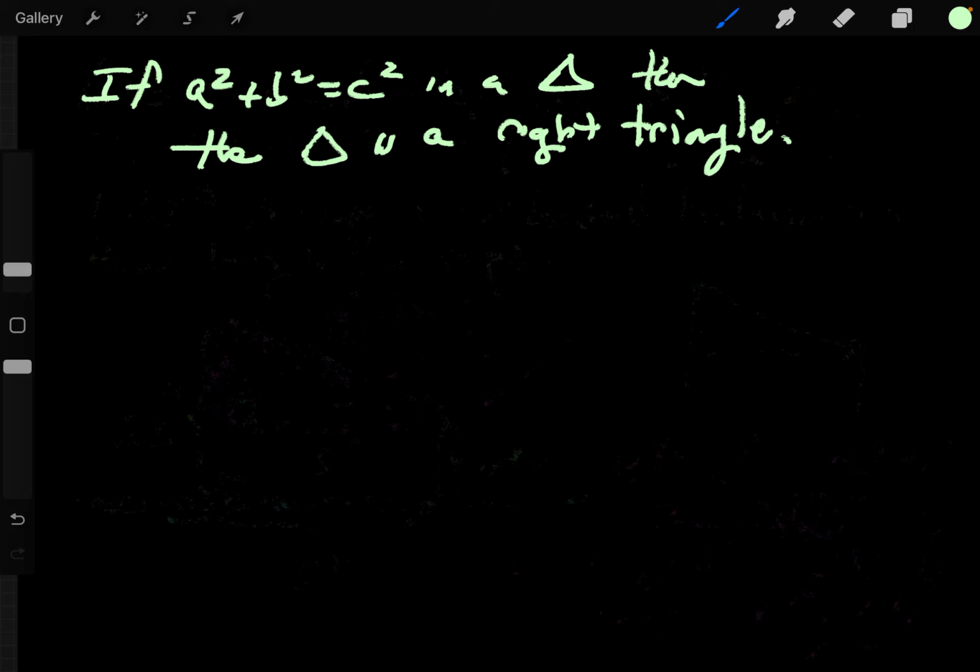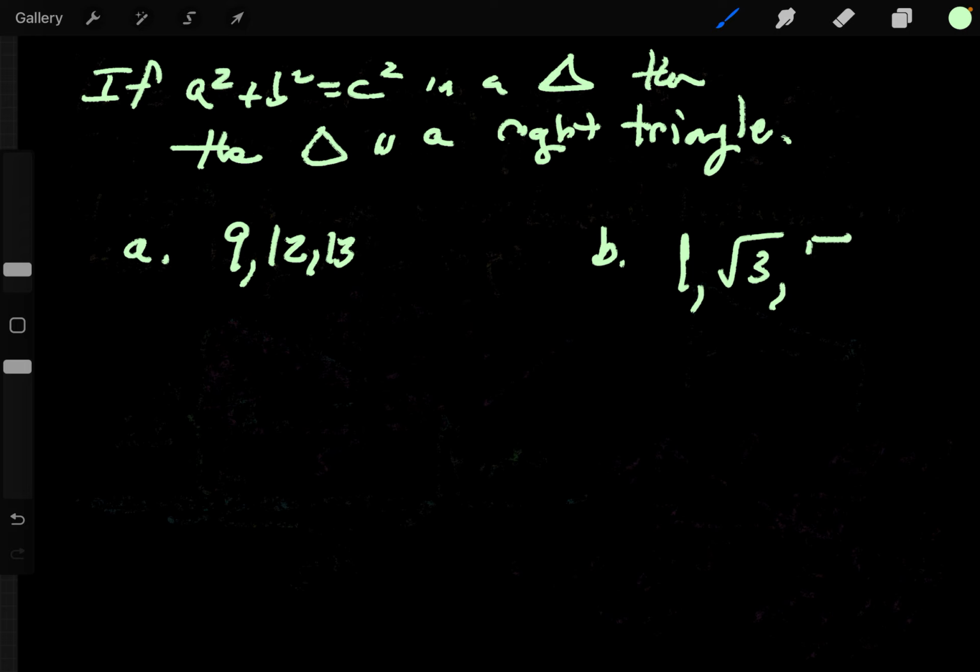Okay. And basically what you have for A, 9, 12, 13. That's a good one to do. And then let's do B. Yeah, B is fine. 1, square root of 3, square root of 2.